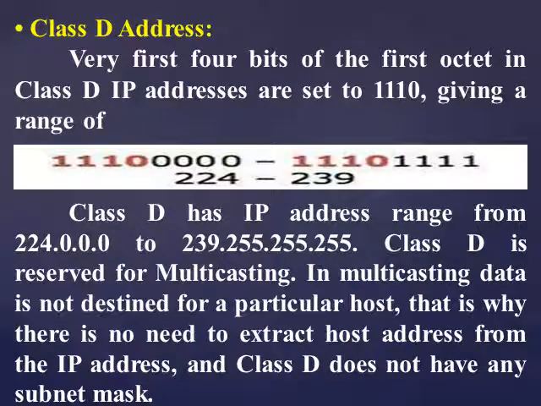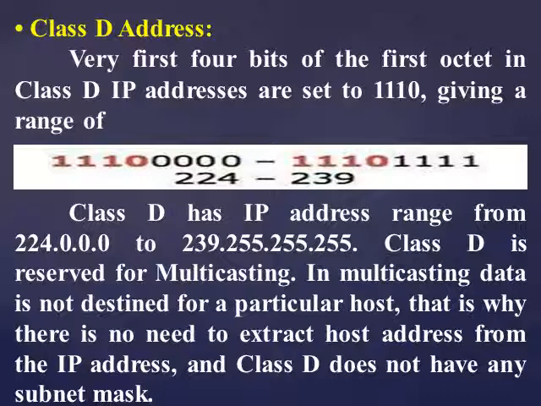Now the class D addresses. The very first 4 bits of the first octet in class D IP addresses are set to 1110, as shown in the figure by red color. Class D IP addresses range from 224.0.0.0 to 239.255.255.255.